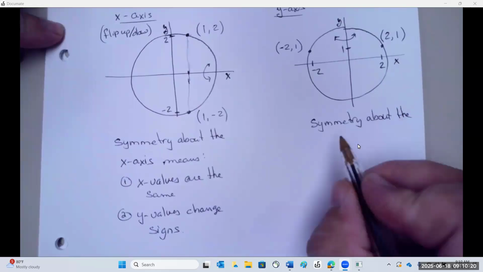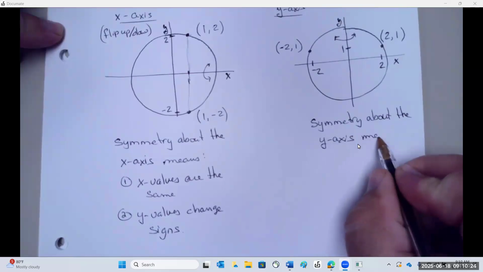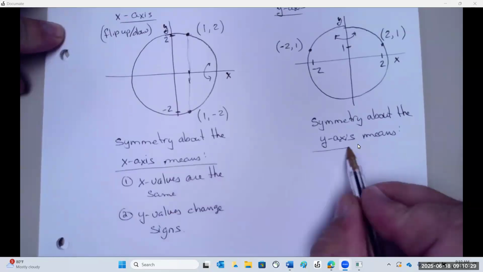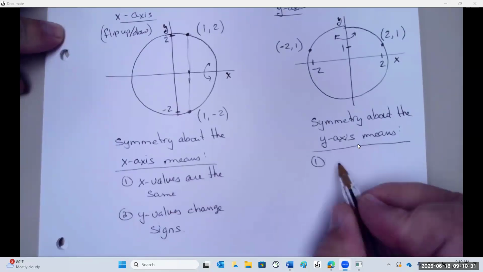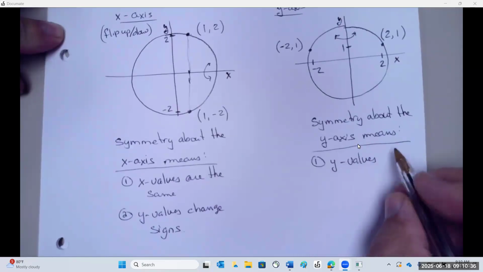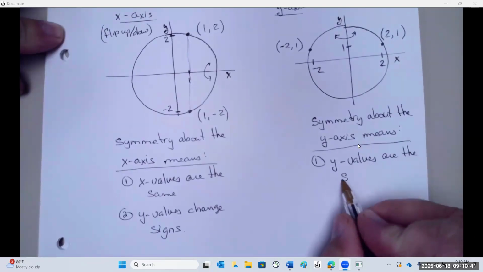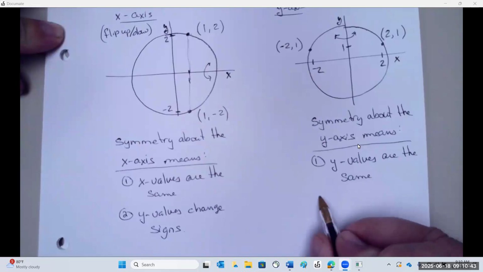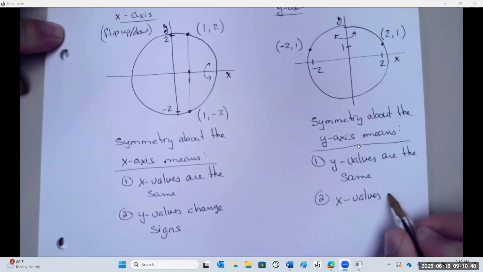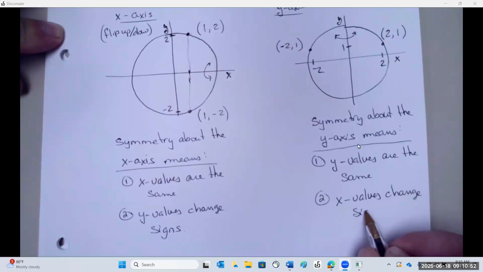Symmetry about the y-axis means the y values are the same, and now the x values change signs.